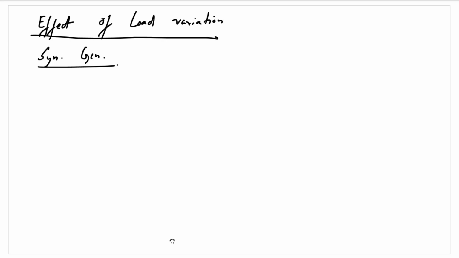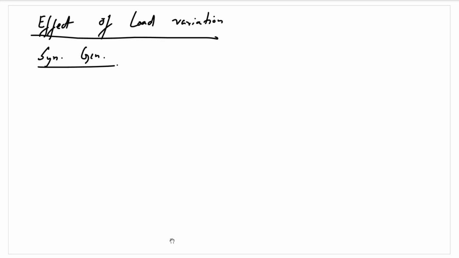Therefore, flux is constant. So the armature current is increasing, but the field current is the same, and the prime mover is also moving at the same speed. It does not depend on the rotation of the rotor.